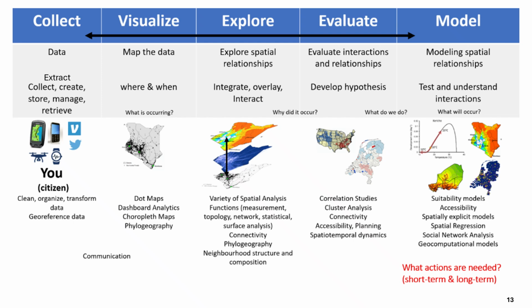We can then evaluate and model and conduct a variety of analyses so that we can evaluate these interactions and relationships, as well as model these spatial relationships so that we can test and understand what might be going on, as well as make future predictions.